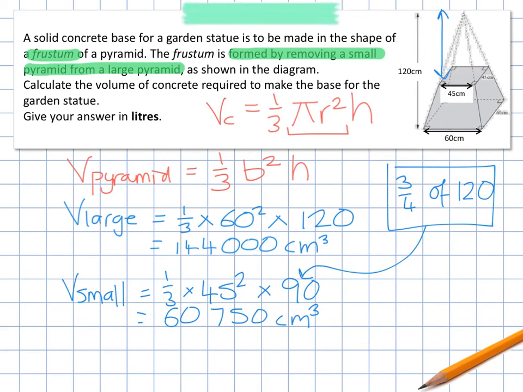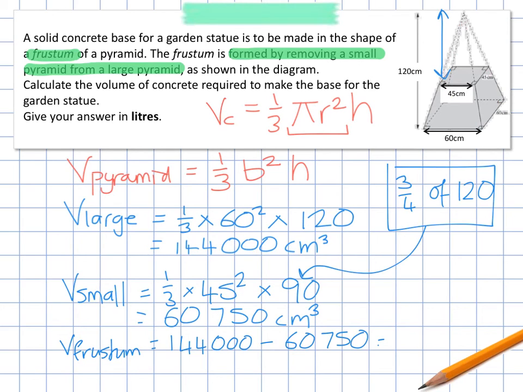So to complete the question, we're going to do the volume of the frustum, and we can calculate that by doing 144,000 minus 60,750, and that's going to give us our final volume, which the question asks about.